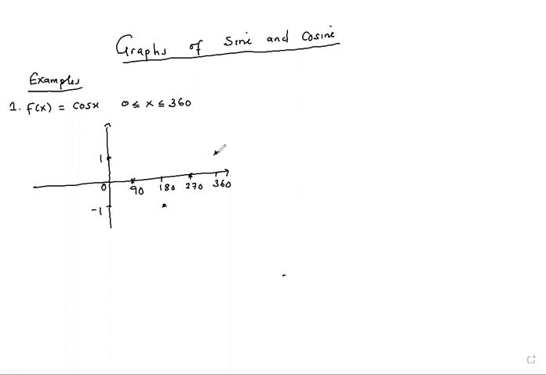So it comes this way. So that was okay. That's the graph of cosine, like we sketched the one for sine. We'll do the second one on the next page.